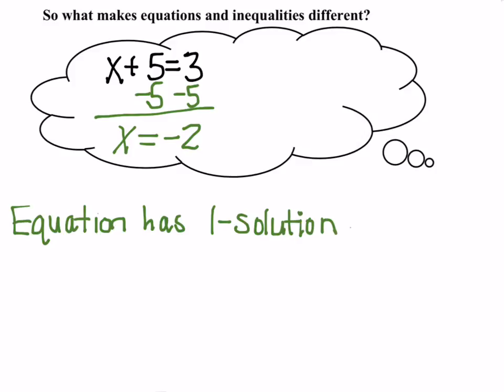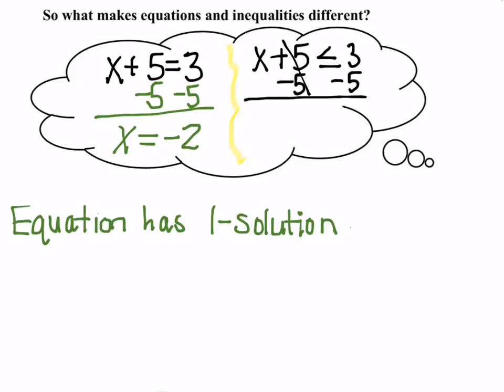An inequality is a little bit different. If we had x plus 5 is less than or equal to 3, we would solve it the same way, except this time, instead of getting one solution, we are going to get a range of solutions. So x is less than or equal to negative 2.